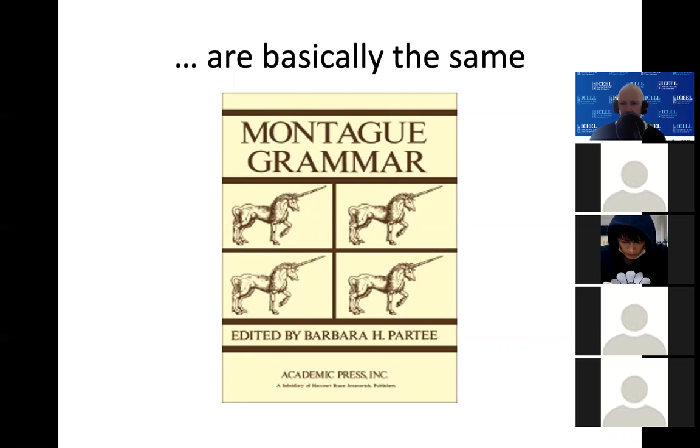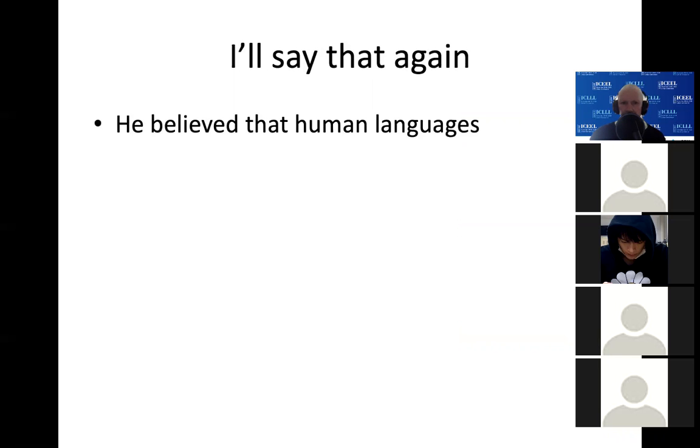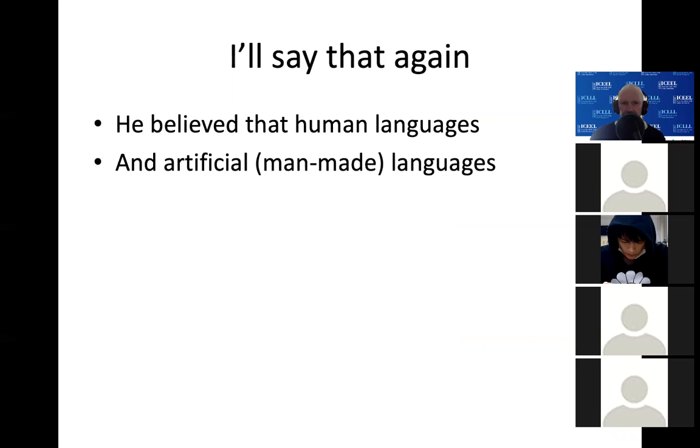Human languages, natural languages, are the same. Think about it. I don't know, right? Just get you to think about it a little bit. But I'll say that again. He believed that human languages and artificial man-made languages are basically the same. What do you think? I don't know, right?